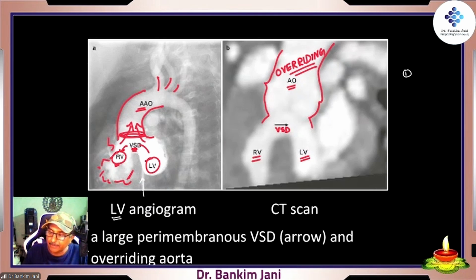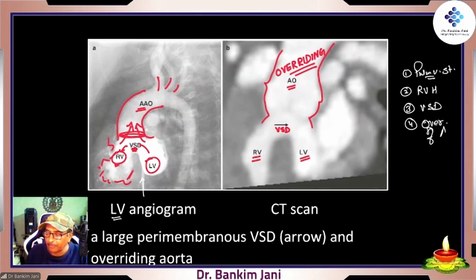So we were understanding that there were four things. First one easy, second one easy, because the moment you say pulmonary valve, there is stenosis. Then second was right ventricular hypertrophy because of that. Third was ventricular septal defect. And fourth is this overriding of aorta.